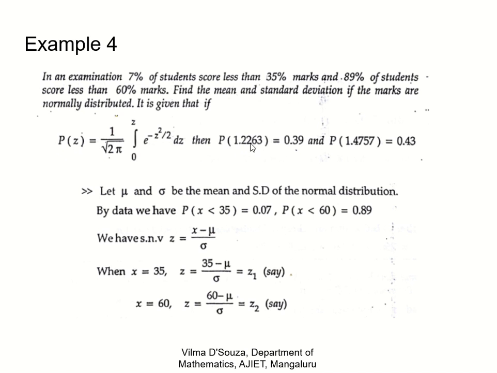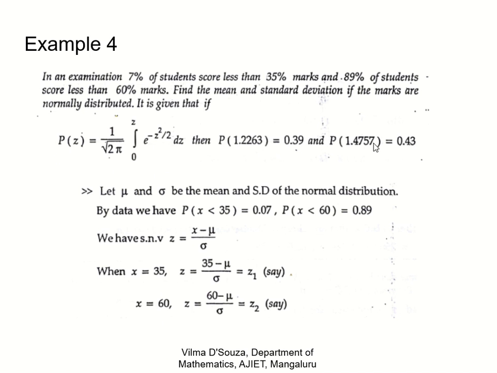Then phi of 1.2263 is 0.39 and phi of 1.4757 is 0.43. Just the change in the notation, we used phi for our convenience, but here it is capital P. Only the notation is different, but the function is the same. So don't think this is the probability P which you are using. This is the same as the function phi.